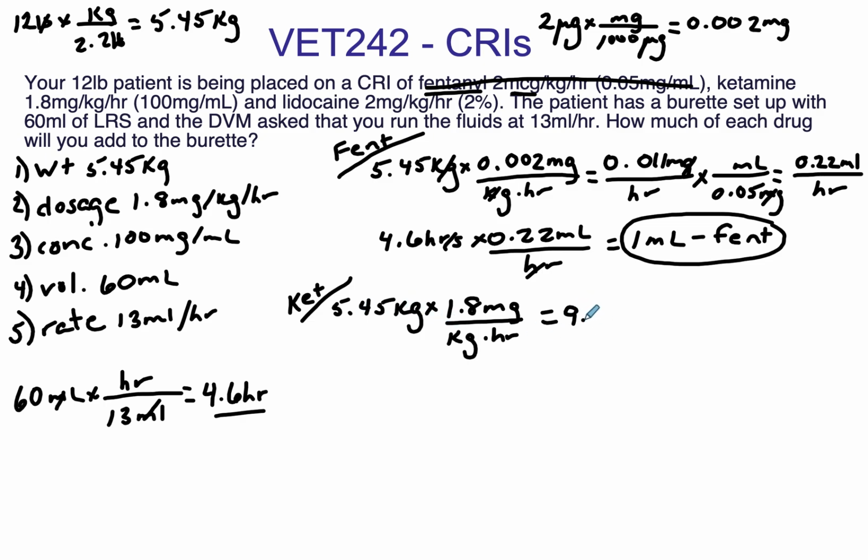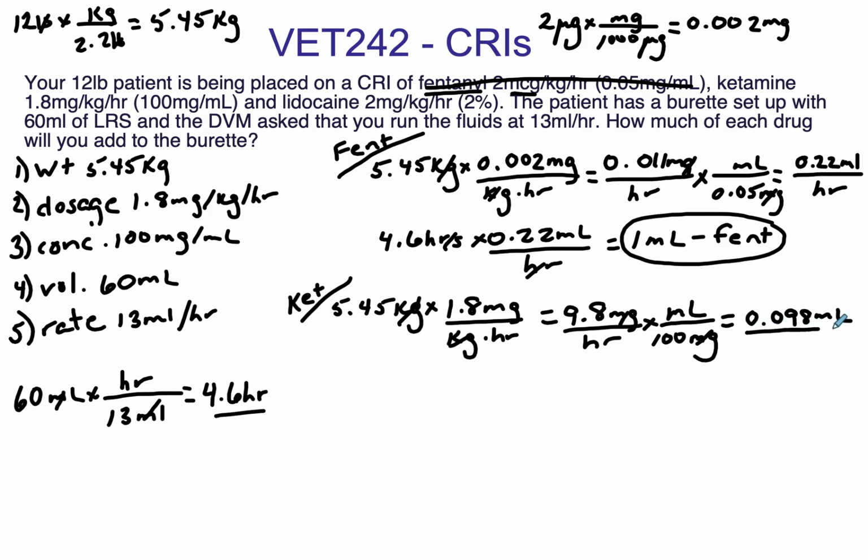I'm going to round that to 9.8 milligrams per hour of ketamine. Kilograms are canceling out. Can't have milligrams, gotta switch it to milliliters. Gotta utilize my concentration. My milligrams will cancel. 9.8 divided by 100 ends up being 0.098. I'll keep it at that for now, although that probably could be rounded.